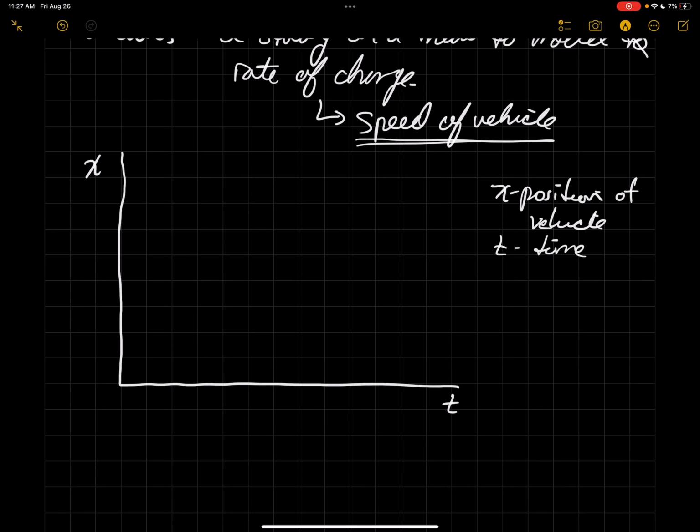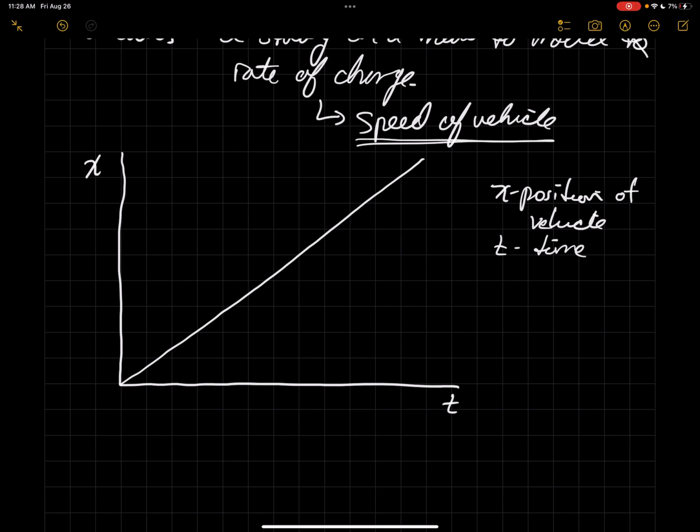If we were to draw what x looks like as a function of time, t, for a vehicle that's traveling at a constant speed, then that curve would look something like the following. In other words, it's a straight line, or it would be represented by a linear equation, a first-order equation.